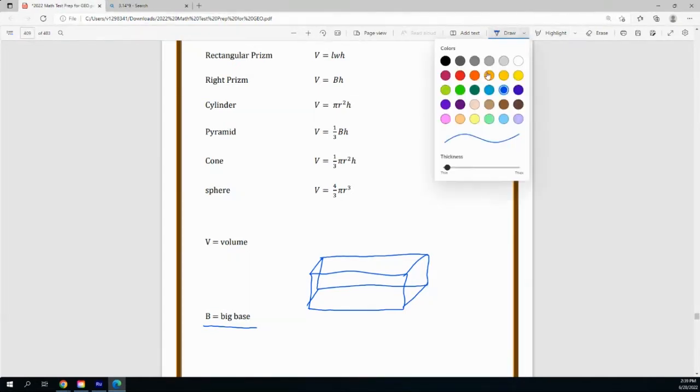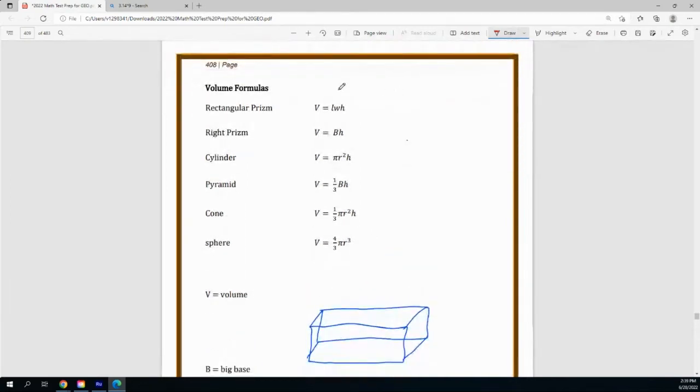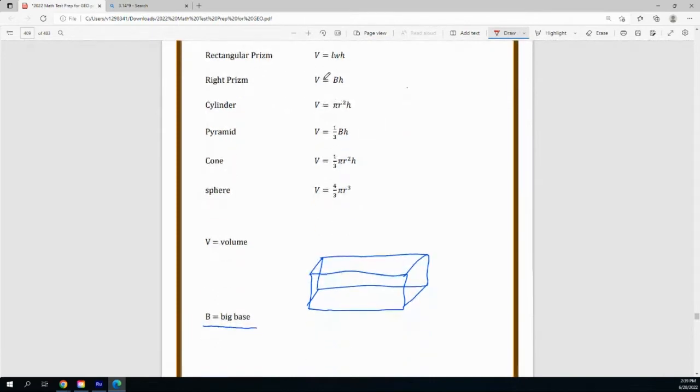So for instance, let me go ahead and change colors here and tell you what I mean. Do you notice that for a rectangular or a right prism, well, let's just say if it was a right prism, whatever, because it's all the same. Big B means what is the area of this base?